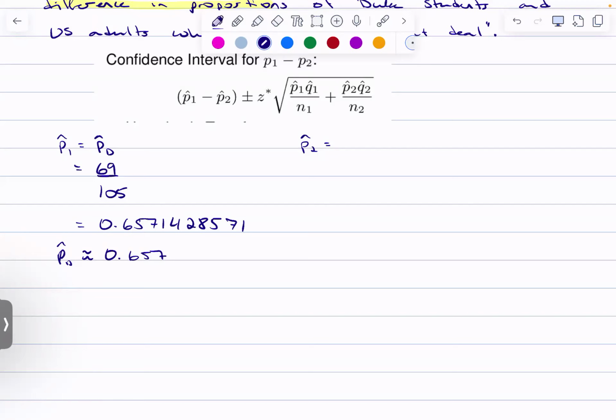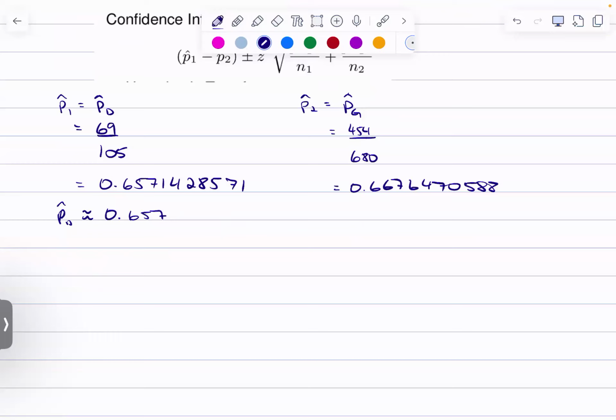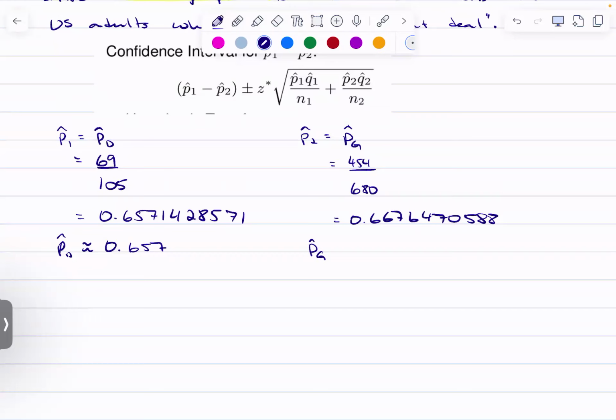And so pG-hat was 454 out of 680, 0.6676470588. So pG-hat, or I guess we could call them US, but GSS is fine too. 0.668 to 3 decimal places.